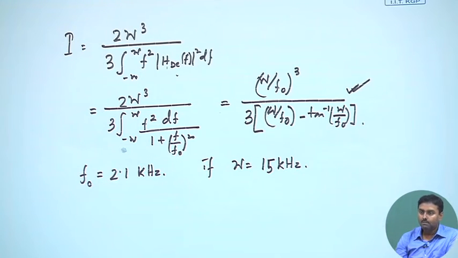You must be seeing that this is not just voice, this is a whole band that even musical instruments come under. 15 kilohertz means, whereas voice was just 3.4 kilohertz. So this is a wider band message signal, which includes voice as well as some musical instruments which have higher frequency components. And we choose F0 to be 2.1 kilohertz.